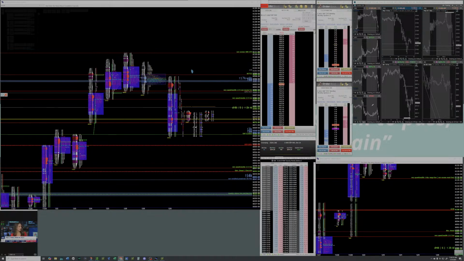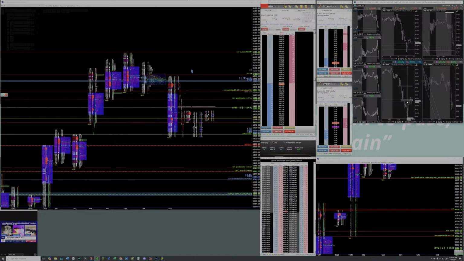Look at this. Look at what the ES has done. It came back below this. It didn't challenge this one here, but it's actually repeating this one.